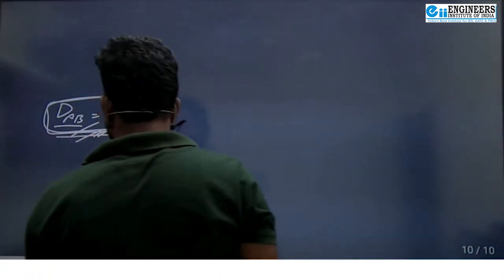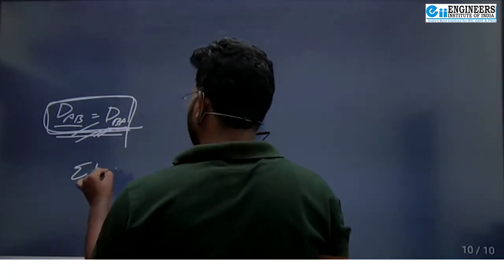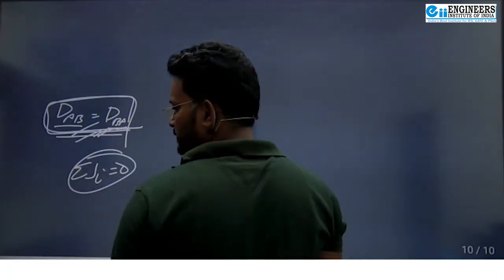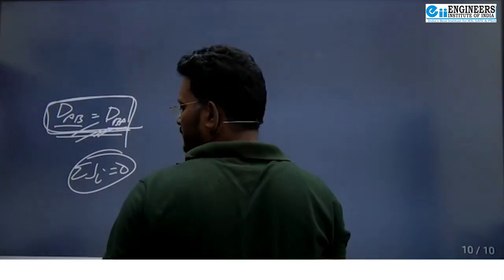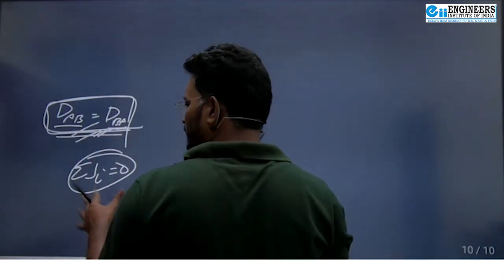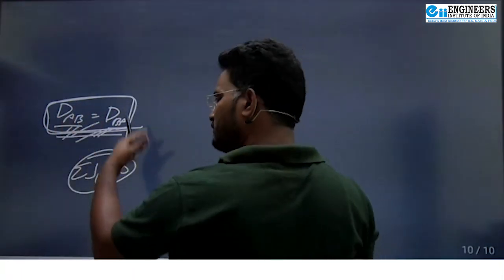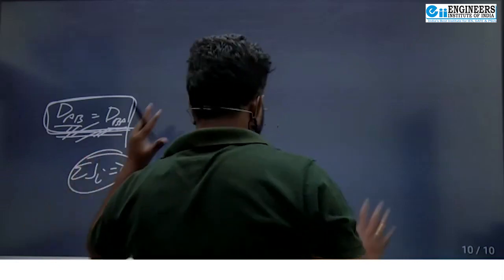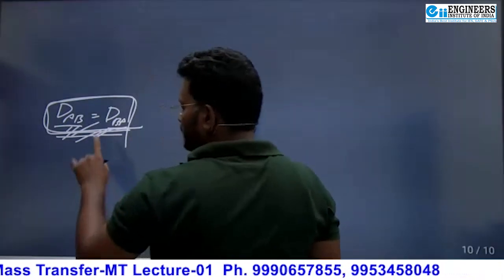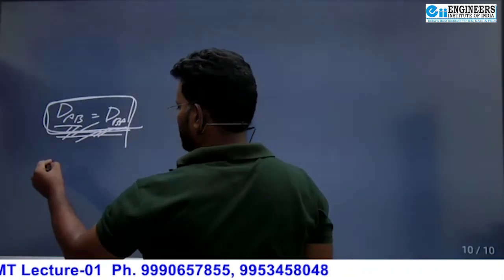This one is for binary mixture only, but the summation of Ji is always 0 for all cases, either binary, tertiary or quadruple, however many species, and for all types of mass transfer operations, whether in liquid or in gas. It is valid in both. Just there should be a binary liquid mixture or binary gas mixture. Okay?